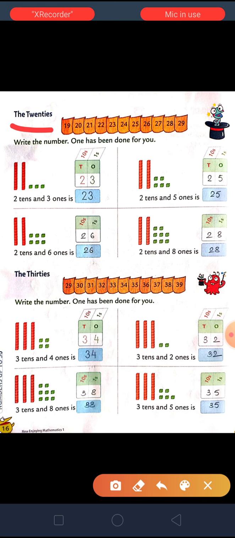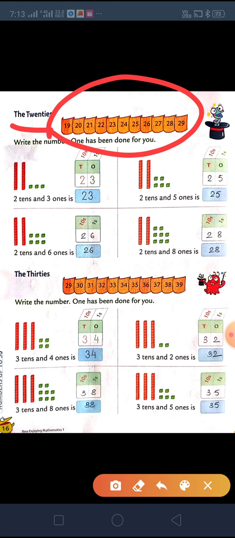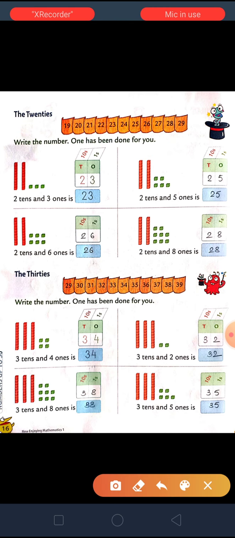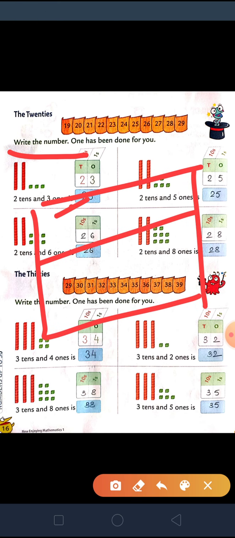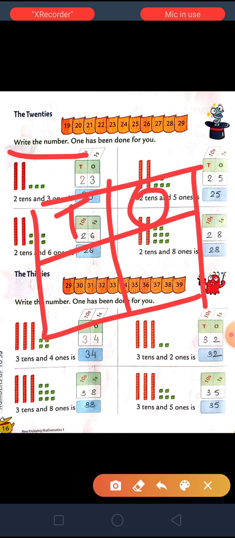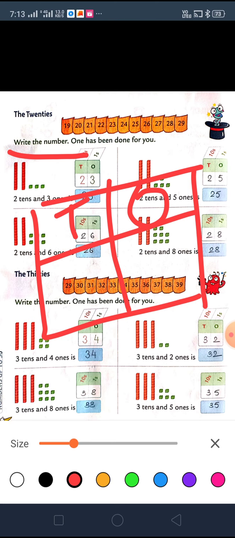What are the 20s? 20s means numbers from 20 to 29. Now they have asked us to write the number. As you know, in the earlier part we have seen that when we write tens and ones, suppose this is the tens and ones column.